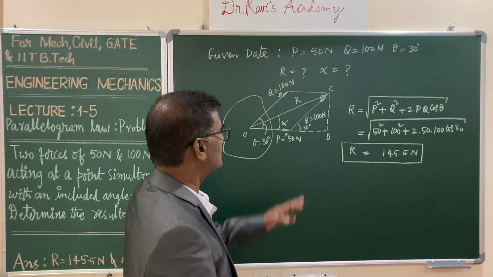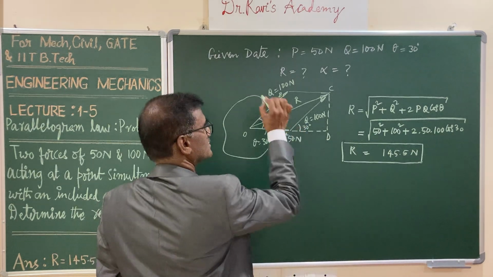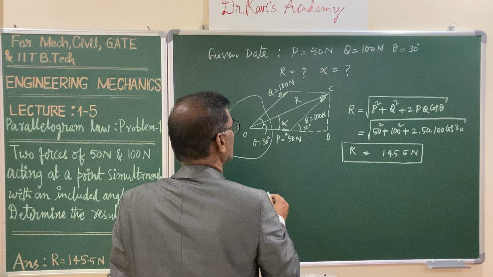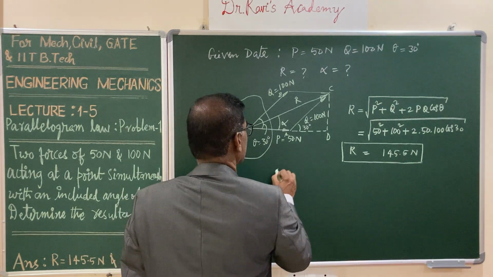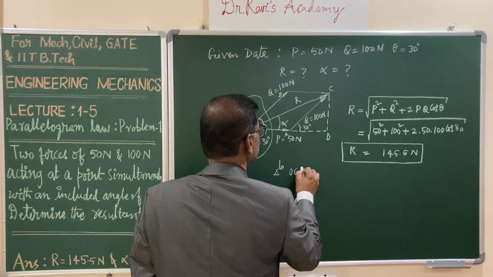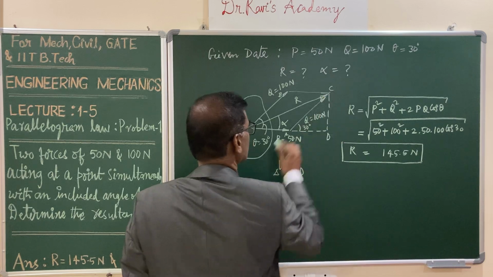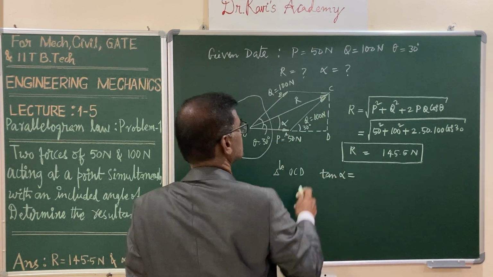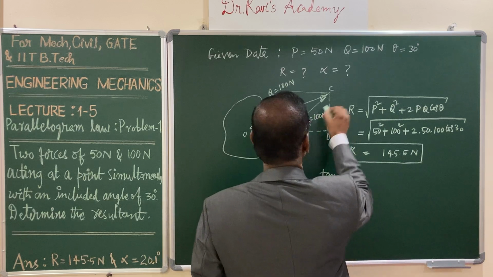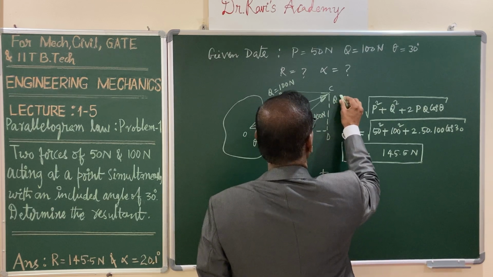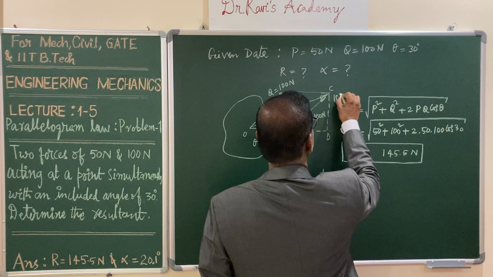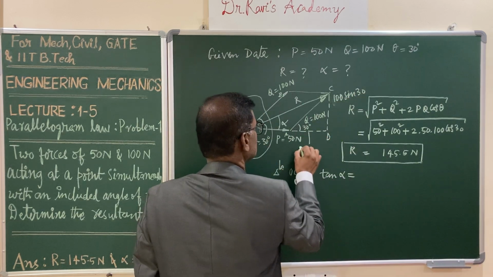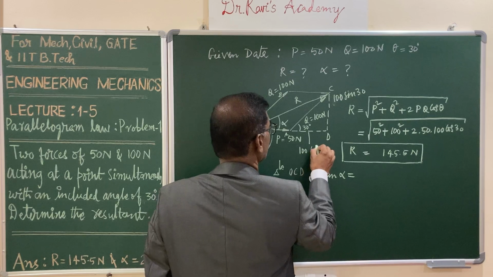And the direction you have to calculate, the direction of the resultant force, that is alpha. As you know, from this right triangle OCD, you can write tan alpha equals opposite, that is Q sine 30, which is 100 sine 30, and this is 100 cos 30.